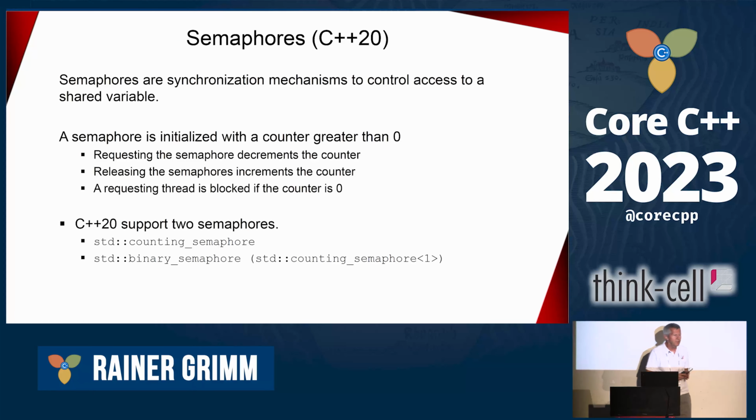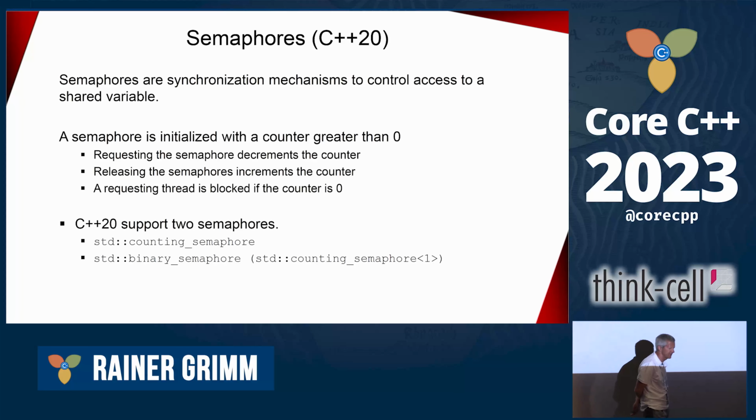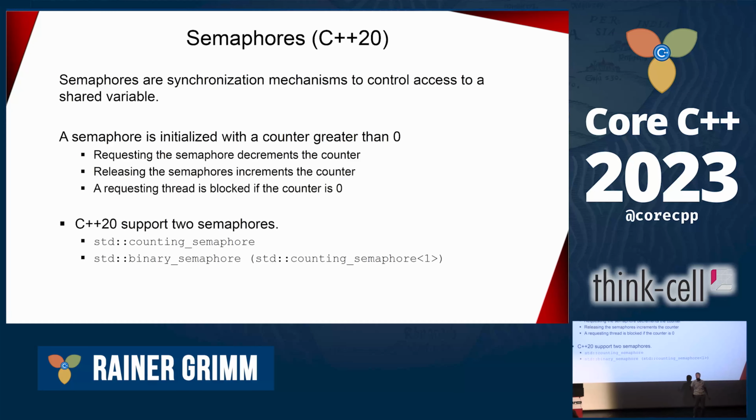We also have a nice synchronization mechanism in C++20, which is semaphores. A semaphore is essentially a thing where you start with a specific counter. Each time you acquire the semaphore, the count is decreased by default by 1. Each time you release it, it's increased by 1.